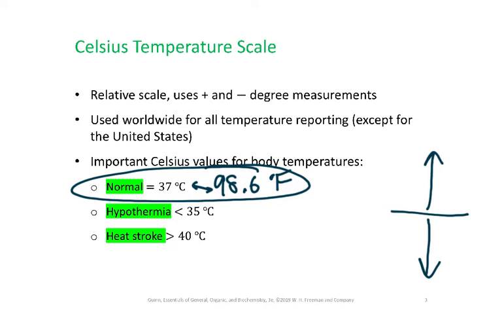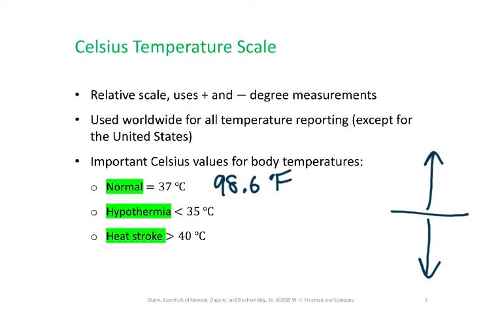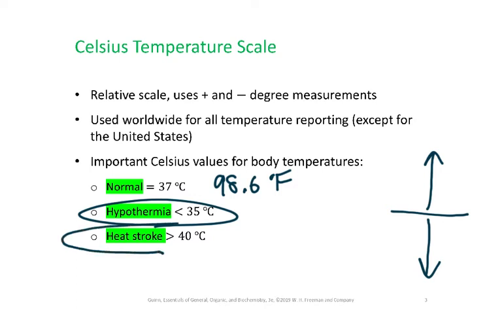It might be above 98.6, but it's still normal for you. So there's definitely a range to this number, but the agreed upon average is that 37 is about normal. Like we said, hypothermia, if you're too cold, would be body temperature less than 35, and heat stroke greater than 40 degrees C.